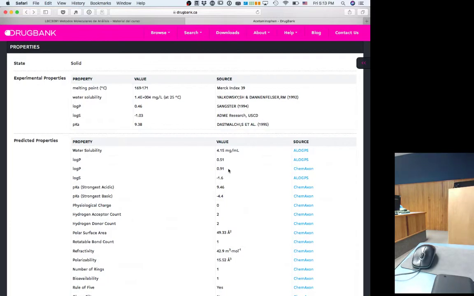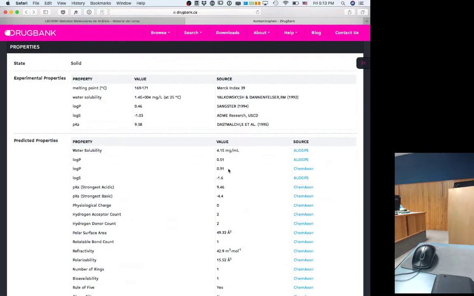The more soluble in water, the less soluble in octane. And any value of log P that is positive means that the molecule prefers to be in the organic solvent, in octane or octanol. It varies in different experiments. If this log P was a negative number, it will prefer to be in water.